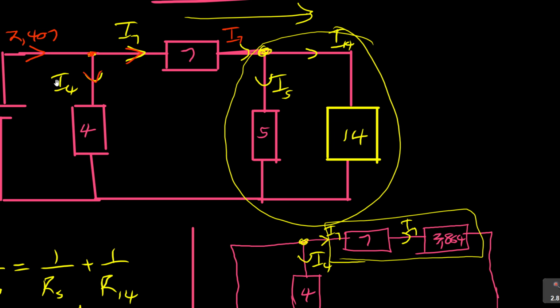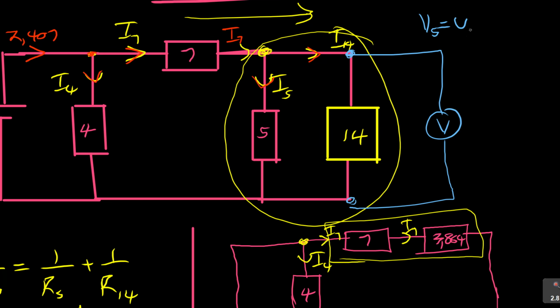But in I7 it further split into I5 and I14. But there is something interesting when you're talking about a voltmeter. When you connect your voltmeter across here and say voltmeter here, the reading you get for I14 and I5 is the same. So which means V5 is equal to V14.